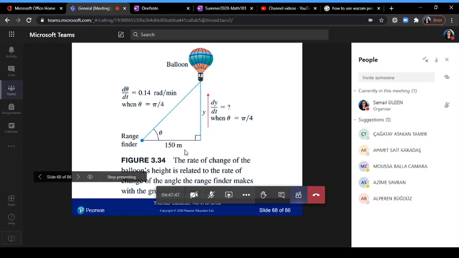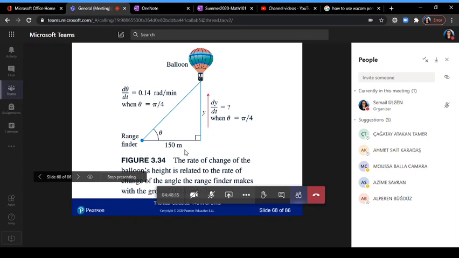Then we put in the known values. Secant squared theta times d theta/dt, which is given as 0.14 radian per minute. Theta is π/4, and secant squared is 1 over cosine squared. Cosine of π/4 is 1 over square root of 2, and squaring that gives 1/2.